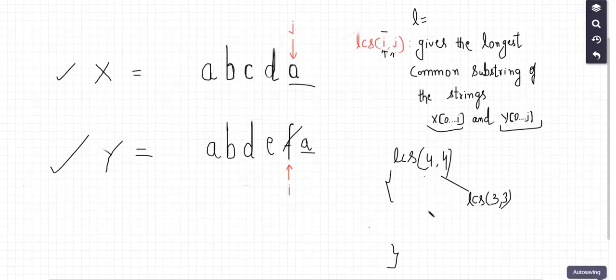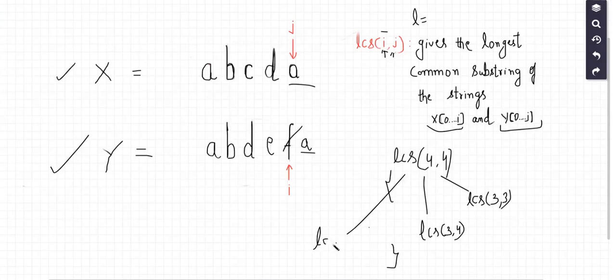If they do not match, then I call the function on the previous index of string x and on the previous index of the string y. Okay, so it is 4 and 3.